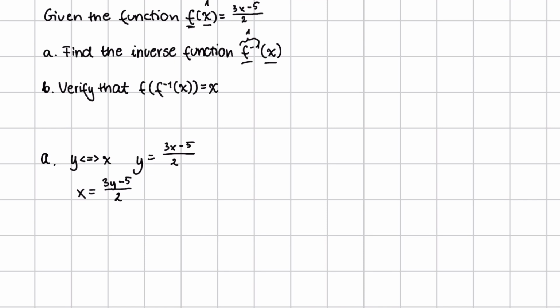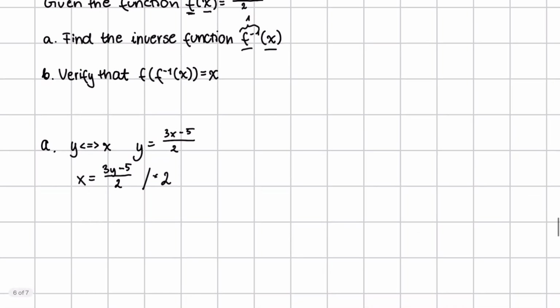In order to find the inverse function, we have to just isolate our y. So first thing that we can do is, of course, multiplication. We can multiply it by 2. So we have 2x equals 3y minus 5.